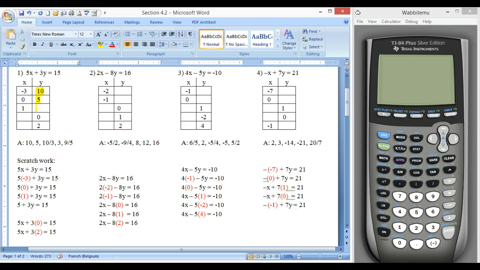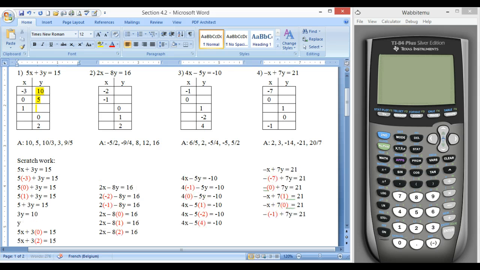To isolate the y, I need to subtract the 5 from both sides. So I'm left with 3y here, and then I have 15 minus 5 here, which is 10. And then I need to divide both sides by 3 to isolate y, which gives me y equals 10 thirds.